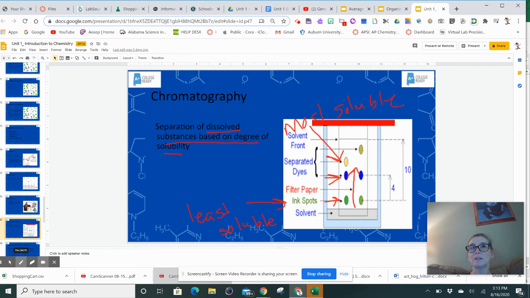Okay, so we can separate out those different colors. Black ink is not all black pigment. It's actually made up of lots of different colors. And so when that black ink hits the solvent, those different colors that are soluble in that solvent will continue to rise up the paper. The things that are insoluble in that solvent will be left behind.